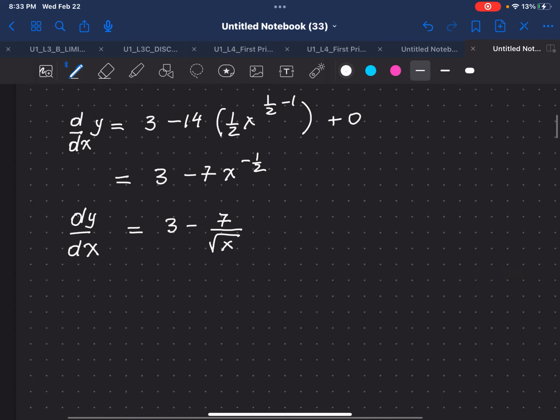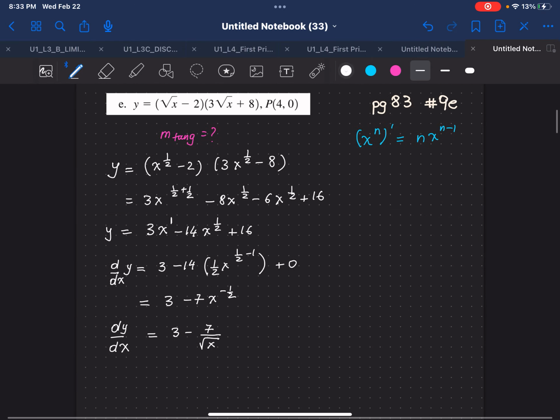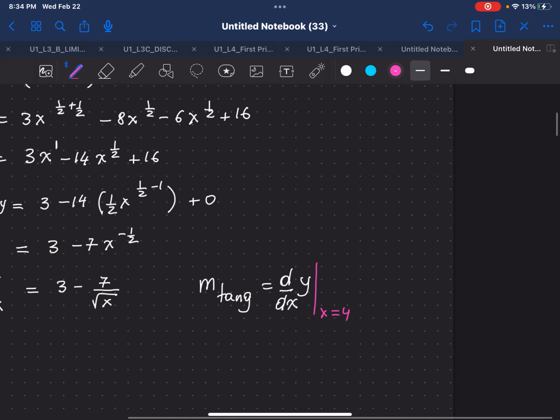Now remember that we're trying to find the slope of the tangent drawn at the point where x equals 4 and y equals 0. So in other words, we're finding the slope of the tangent, which equals the derivative of this function, d/dx of y, measured at x equals 4. So I would write x equals 4 here on the side to indicate that's the number I'm using here.